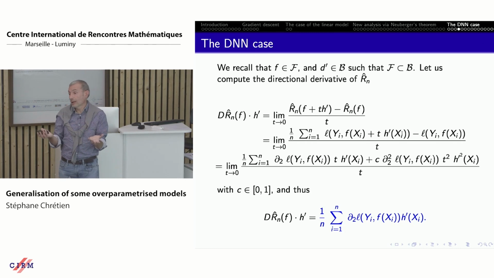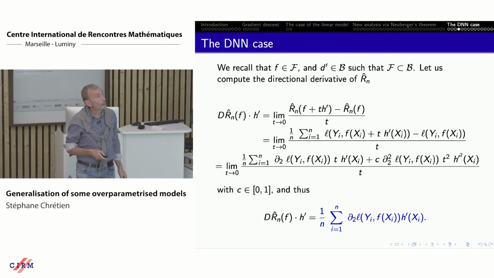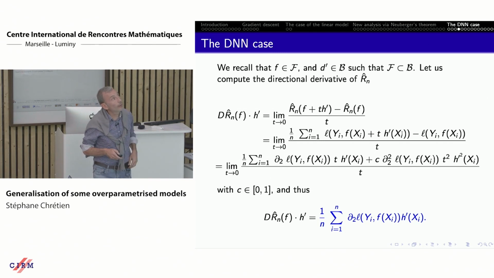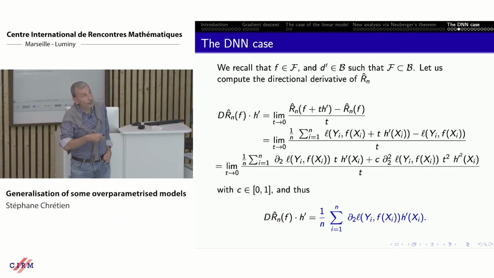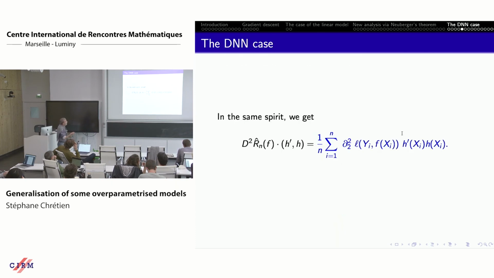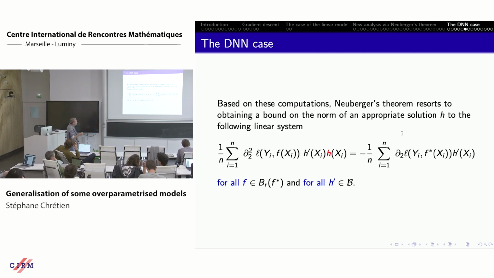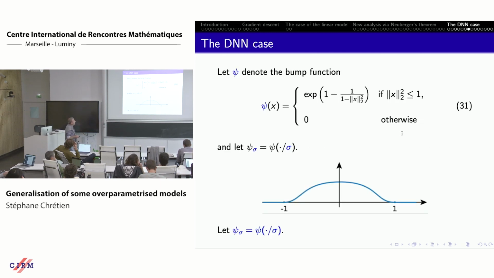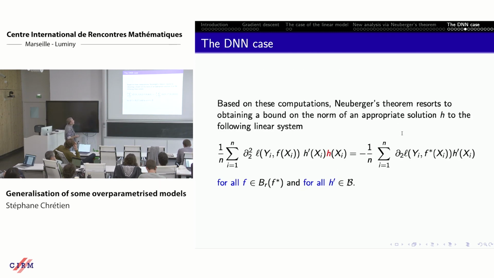So by just the triangle inequality, you can prove that there is a deep neural network that almost minimizes the empirical risk and that has very nice generalization guarantees. For this, you just apply Neuberger's method in the functional space. You compute the directional derivative, and you do it twice. You obtain this equation, and we'll solve that equation. And you'll see, of course, that in that setting, it's very easy.